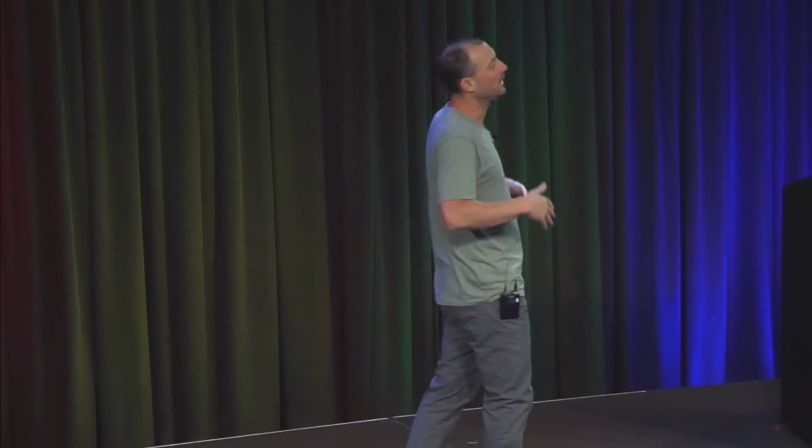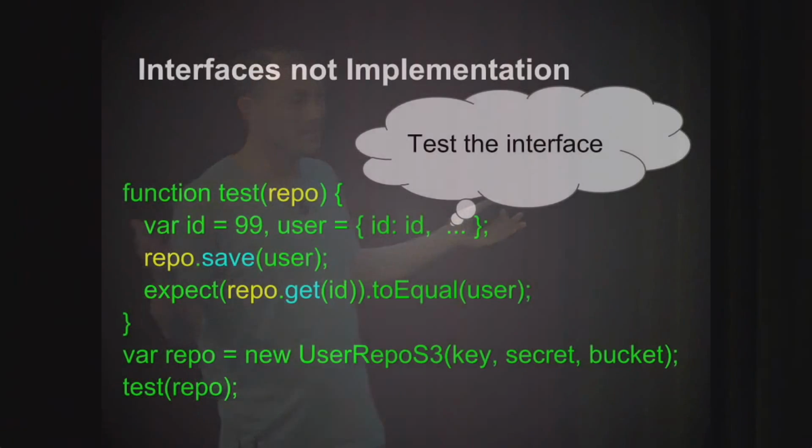And then I'm going to go ahead and create the methods that actually implement that interface, the save, the get, the whatever. Hey, I've already got the test for this thing. All I need to do is wire up a new user repo S3 object, run it through the test that I've already created, and I can tell easily, quickly, if this thing actually works or not.